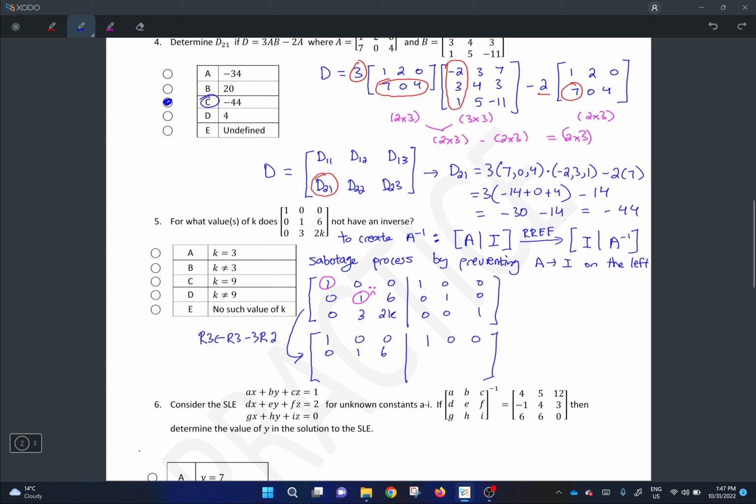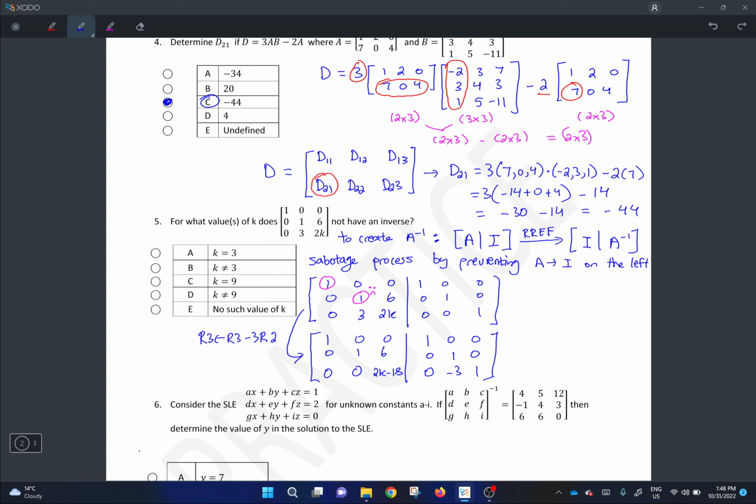Maybe we don't need to go any further than this step. And then row 3 becomes 0 minus 3 times 0, 3 minus 3 times 1, 0, 2k minus 3 times 6, so 2k minus 18, and then 0 minus 0, 0 minus 3 times 1, negative 3, and 1 minus 3 times 0, 1.